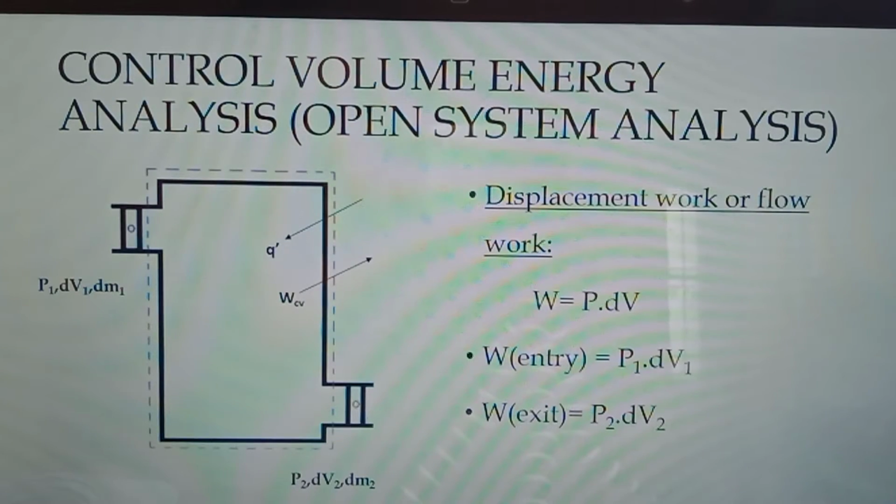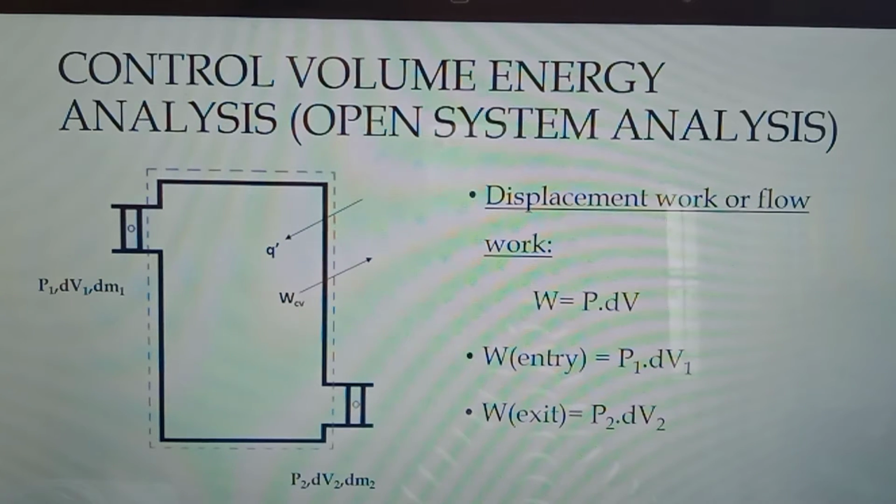We are getting into some mathematical derivation part of control volume analysis or open system analysis. Take a vessel or a cylinder having an inlet side and an exit side. Here the individual parameters P1, dV1, dm1 represent the pressure, volume change and mass change at the inlet side, and P2, dV2 and dm2 represent the pressure, volume change and mass change at the exit region.